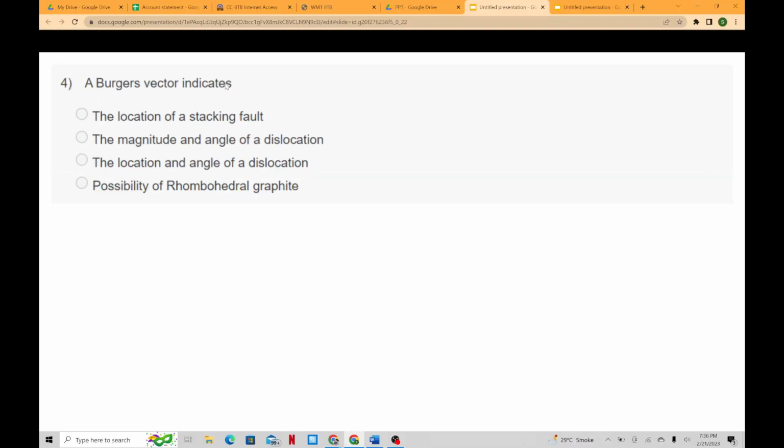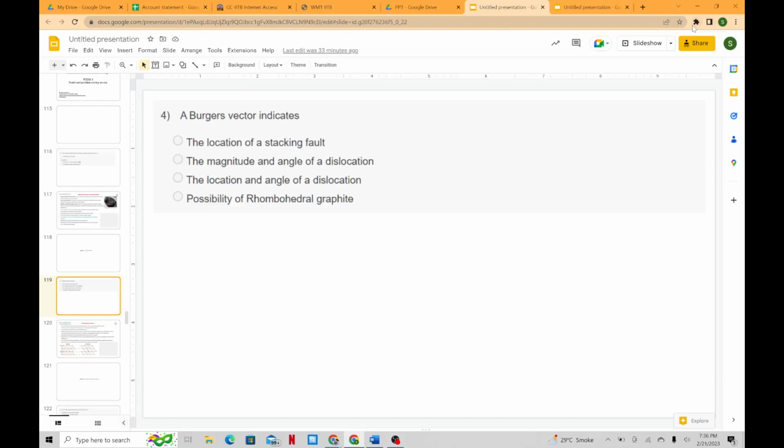Yes, sir. Burgers vector is that vector which is used to describe different dislocations or defects in a crystal structure, and this vector is added throughout the crystal, like the total Burgers vector is taken.